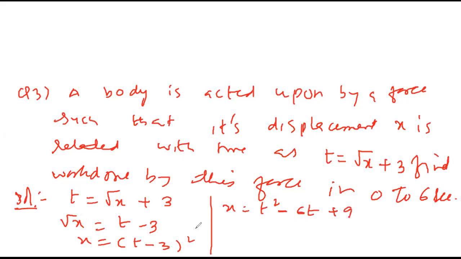Now this becomes similar to our previous sum. dx by dt is 2t minus 6. Now after this you put t as 0 to get initial velocity, and 6 to get final velocity, then work done is half m times v final square minus v initial square. Can you do this now further? Yes, sir. Just try.